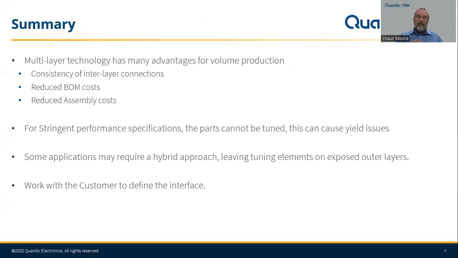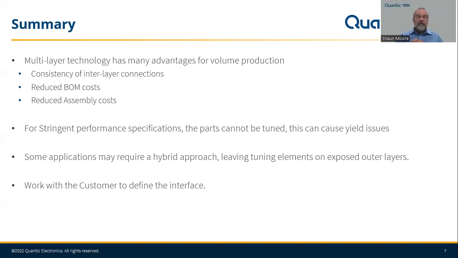The sort of technology really has a lot of benefits, especially for controlling the impedances of vias between layers. It also can save money. If we're embedding components into a PCB, we no longer have additional items that are on the bill of materials. Therefore, we can save some material costs for some of those other little bits and bobs that have to go in there and get put in there.